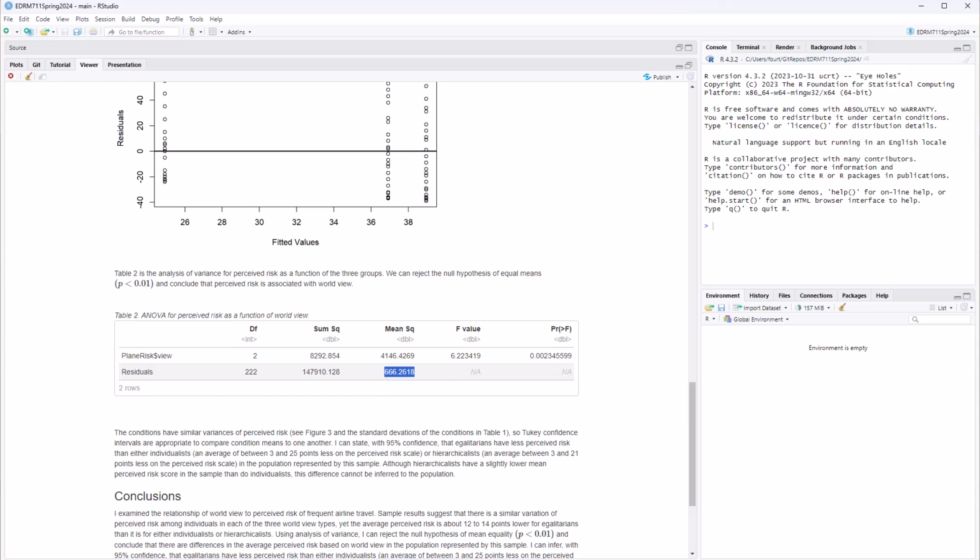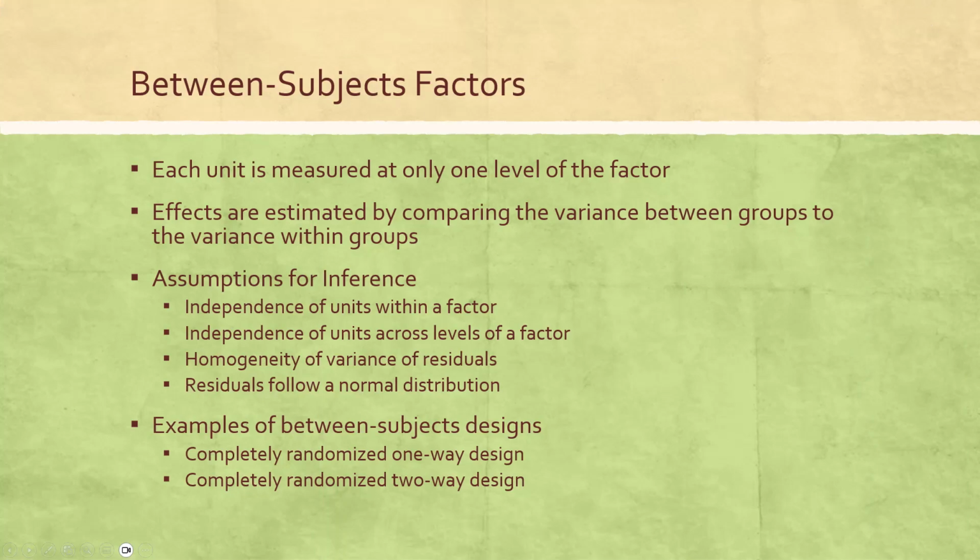So effects are measured by comparing the variance between groups to the variance within groups.